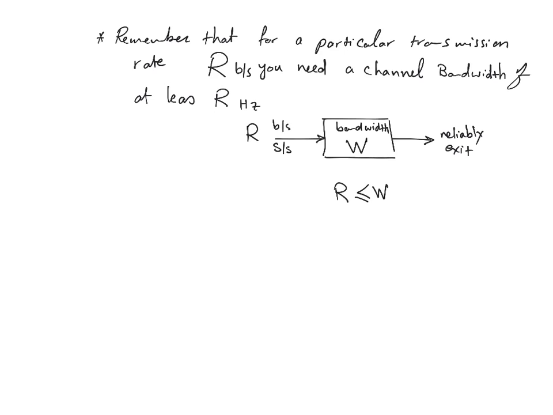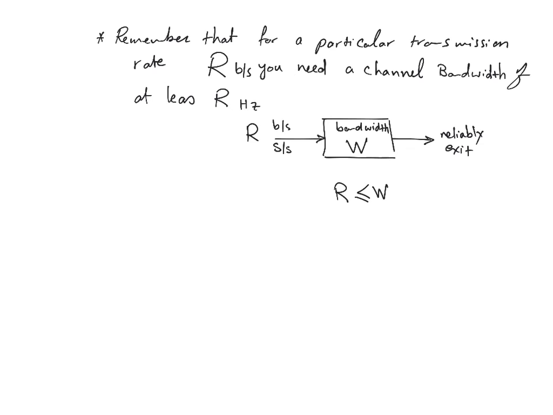If you try to put data into a channel and the rate of that data is greater than the channel bandwidth, what will happen? Some of the data will be lost because the channel is not going to be able to pass all the frequencies. So some of the frequencies are going to be cut off from your data, and cutting off some of the frequencies means cutting off some of the information.